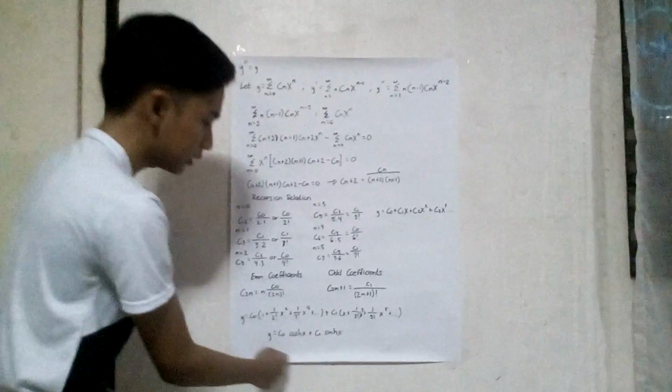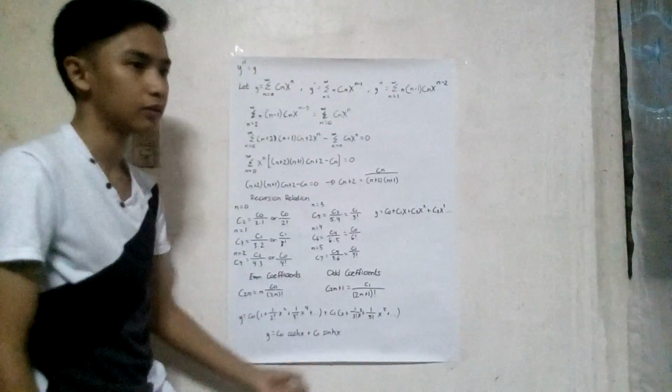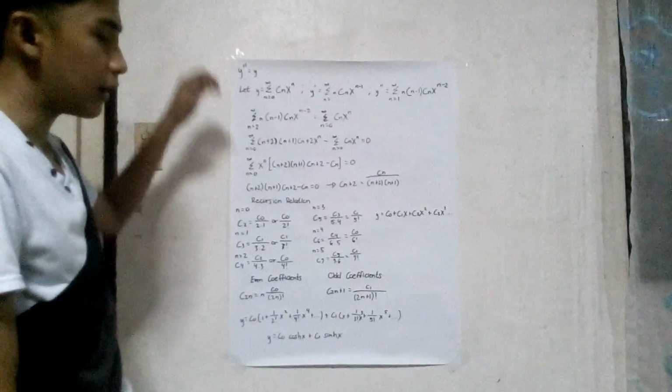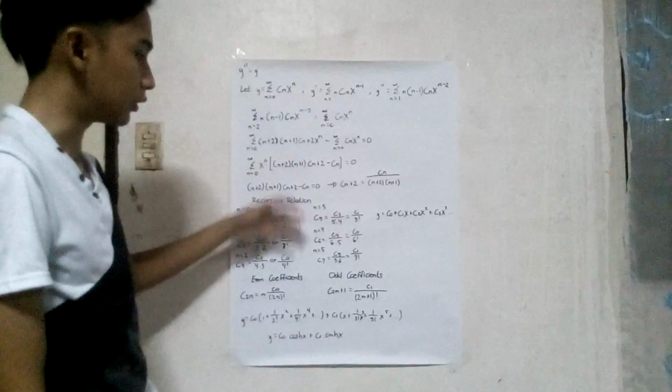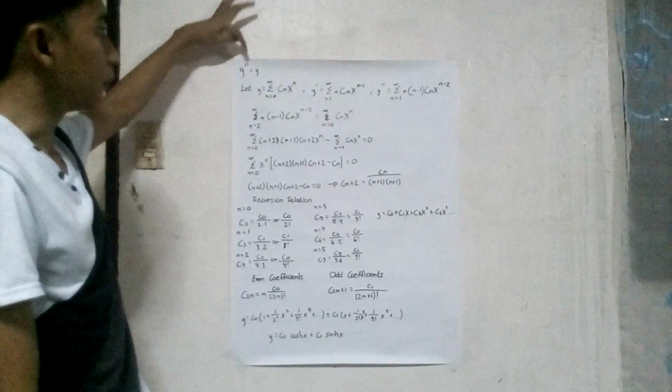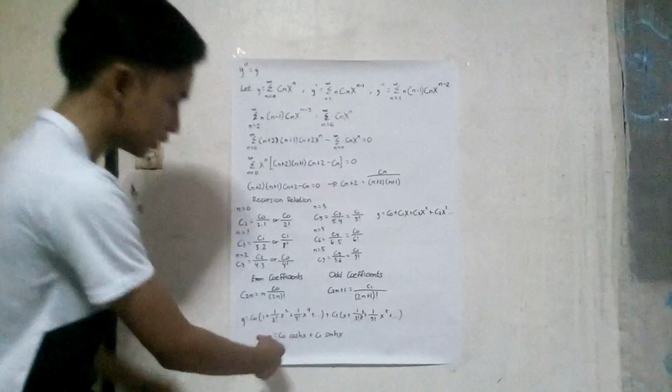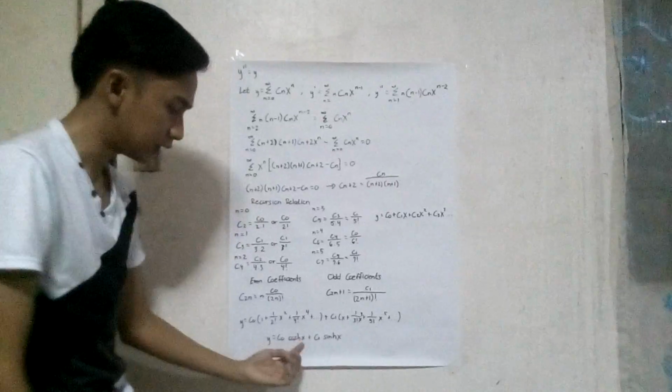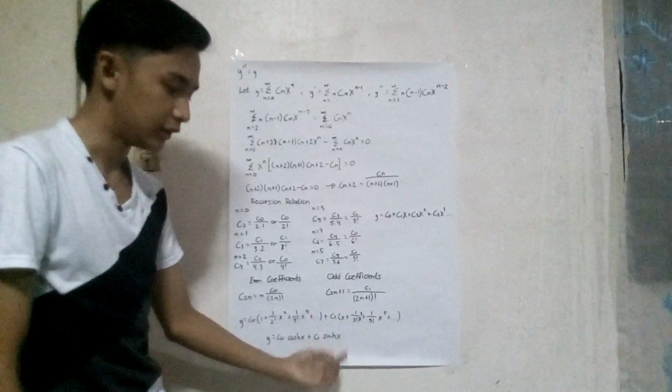And by having this, we can say that the solution of y double prime equals y is y equals c0 cosh x plus c1 sinh x.